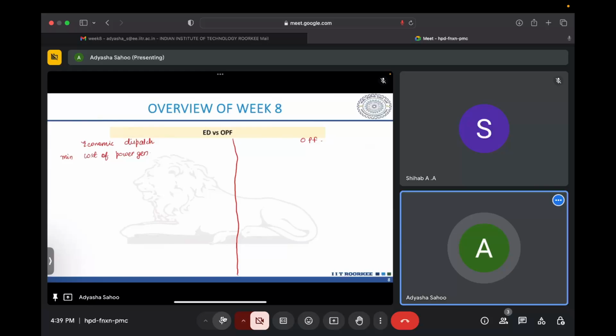So let's say you have two generators, then it will be C1, which will be a function of Pg1, plus C2 as a function of Pg2. And subject to the constraint we consider here, Pg1 plus Pg2 should be equal to the load demand, basically your power balance. And next we consider that Pg1 and Pg2 must be within their maximum and minimum limits.